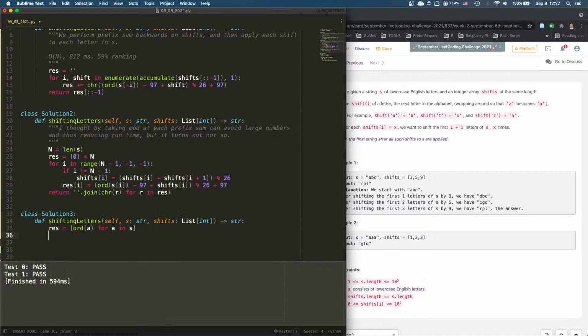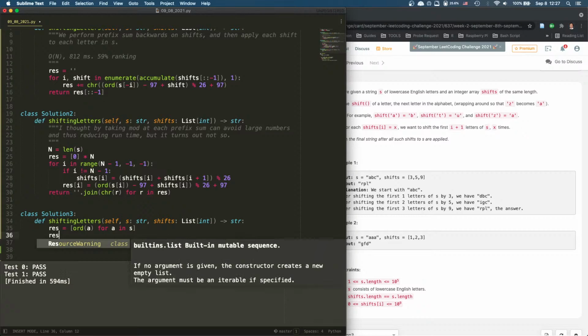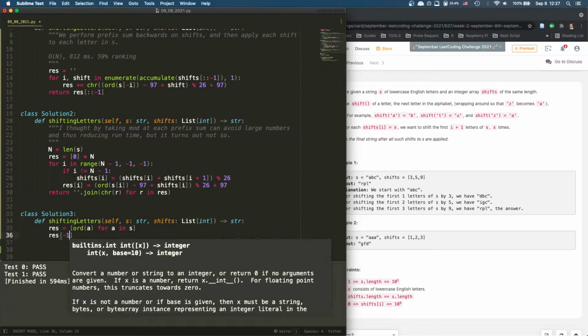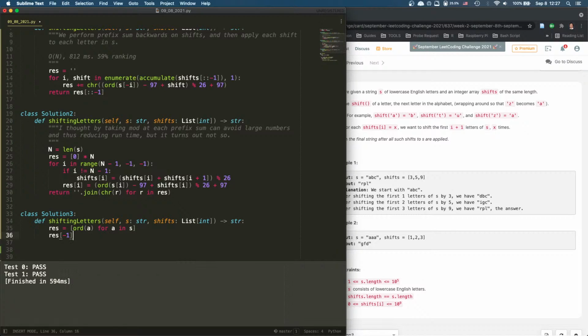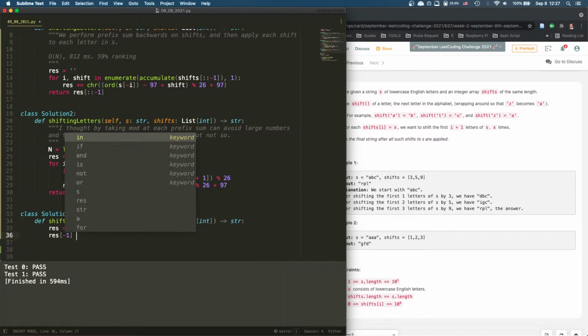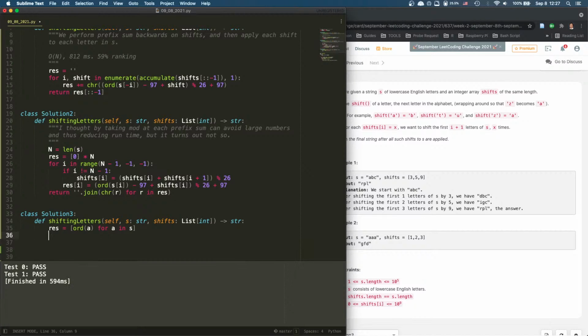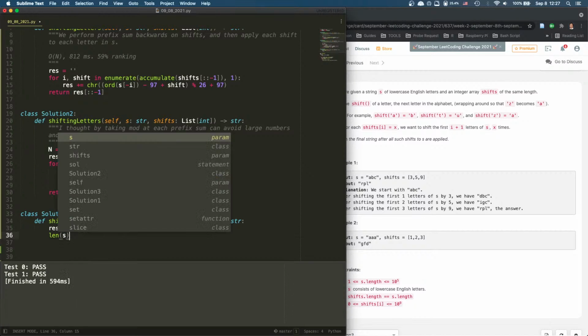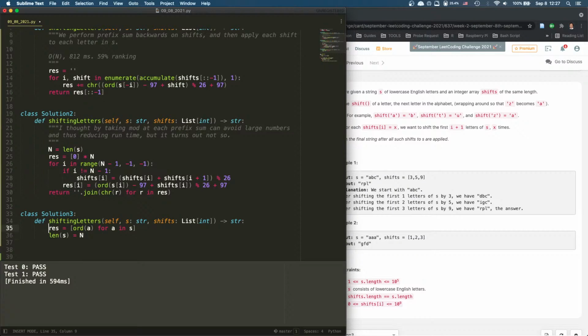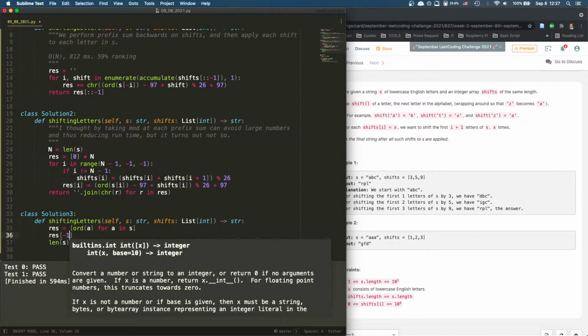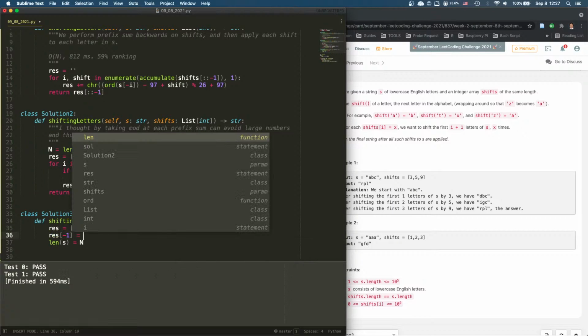So we take all of this, and then we say the last one, so res minus 1 or equals what? That's len s equals n, right? Res minus 1 equals res plus equal, right?